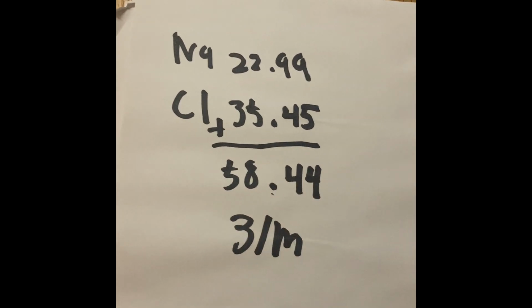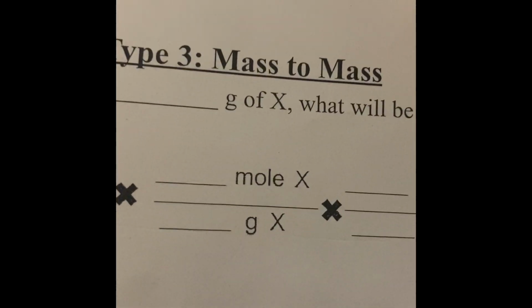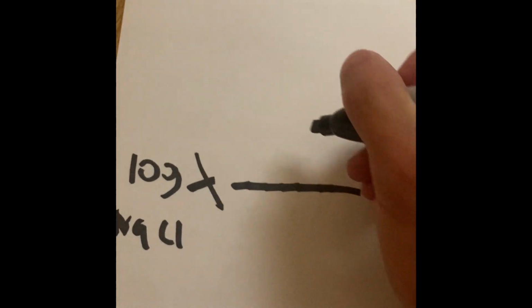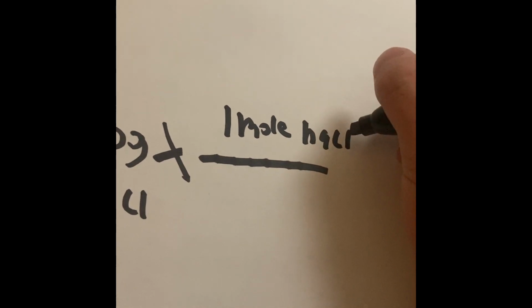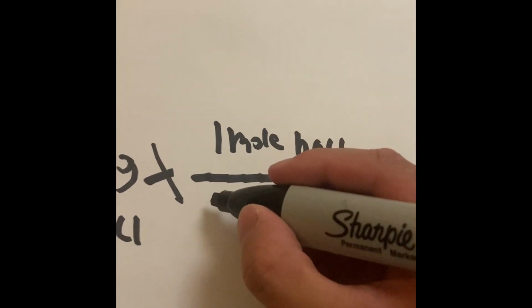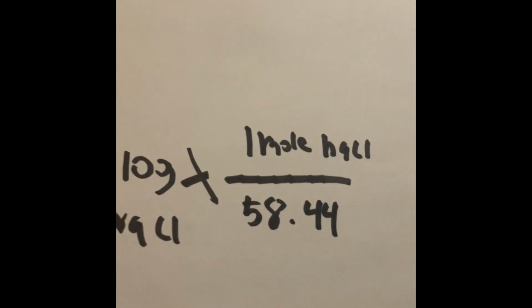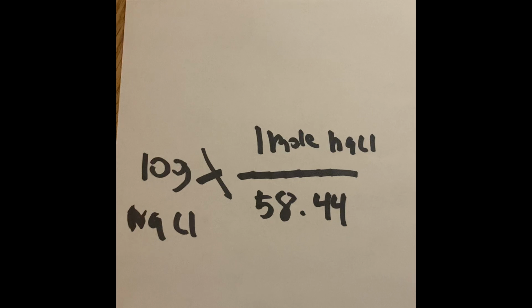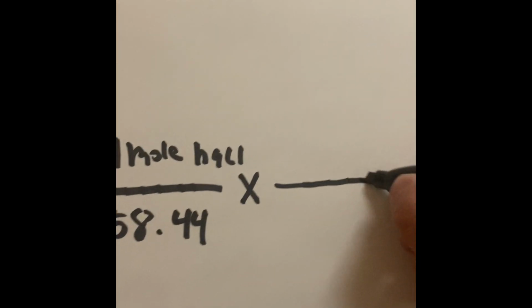So here's what's going to happen. Going back to the instruction sheet, we have to do moles on the top and grams on the bottom. So we put 1 mole of NaCl and divide that by 58.44. That is our very first conversion for molar mass. Now we multiply by the easy part, comparing it with lithium chloride.